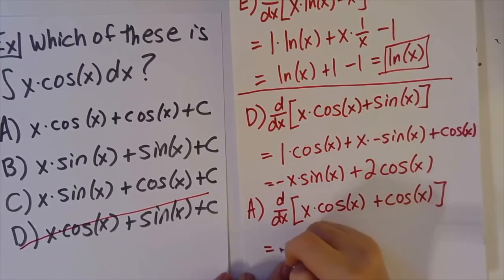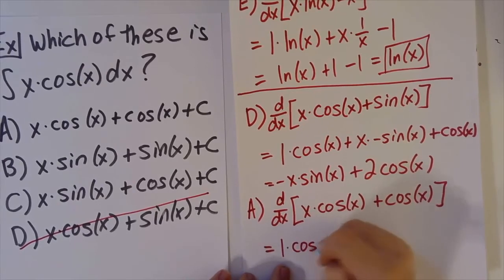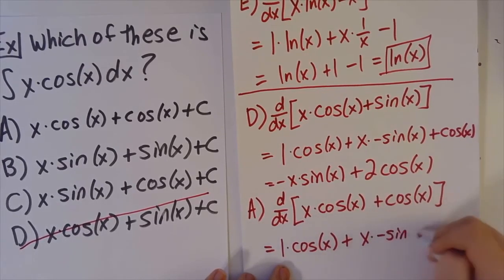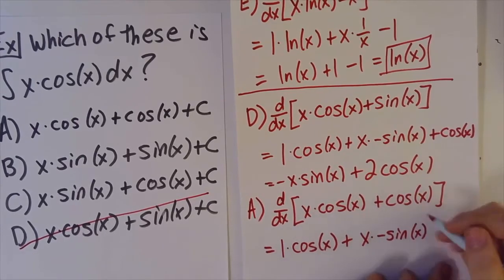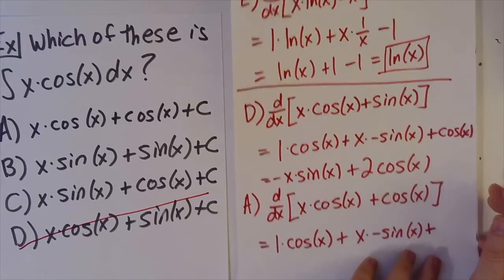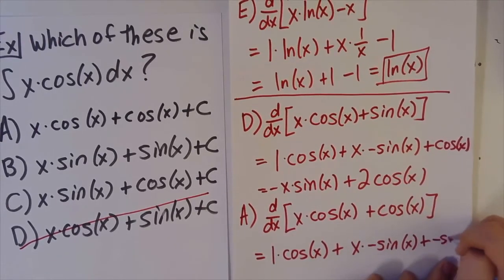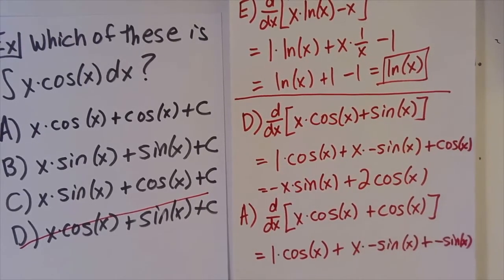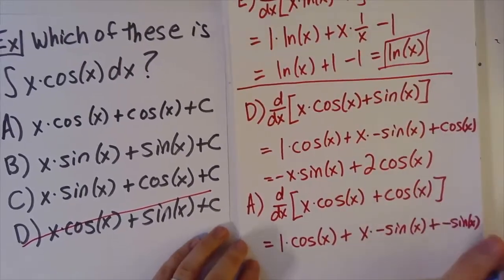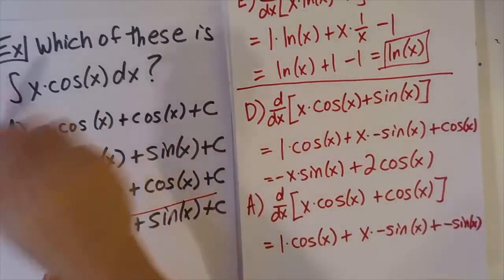Okay, and this derivative will be 1 times cosine of x plus x times minus sine of x plus minus sine of x. Okay. That's not even close, so it wasn't that one either.